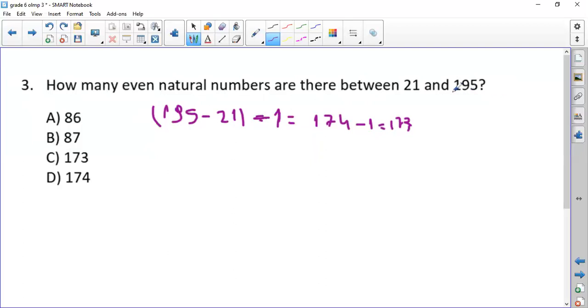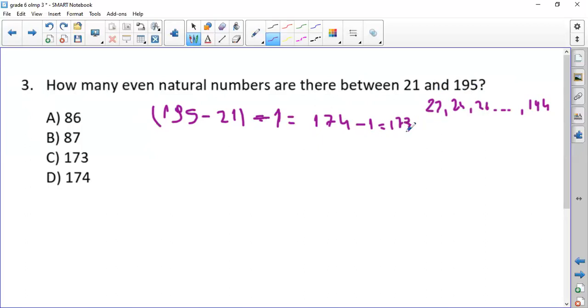So it will be what? 22, 24, 26, and it will go until 194. Okay, we can take it like this. So half of these will be even, and the other half will be odd.